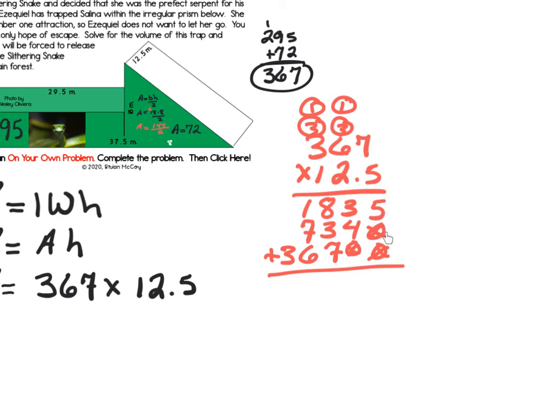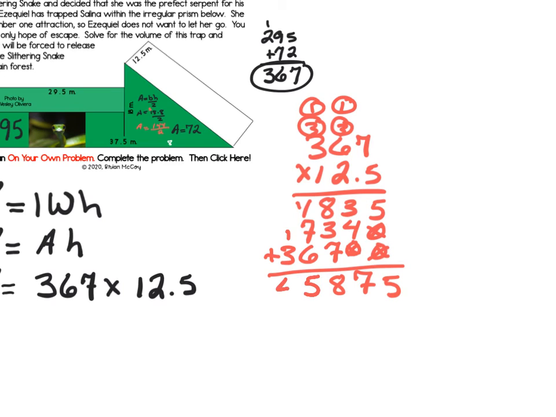Here we go, 5 and nothing is going to give you 5. 4 and 3 is 7. And here we have 3 and 7 is 10, plus 8 is 18. Drop the 8, carry the 1. And here we have 7 plus 1 is 8, plus 1 is 9, right? Plus 6 is going to give you 15. Drop the 5, carry the 1.